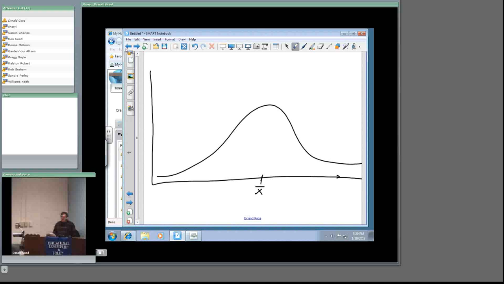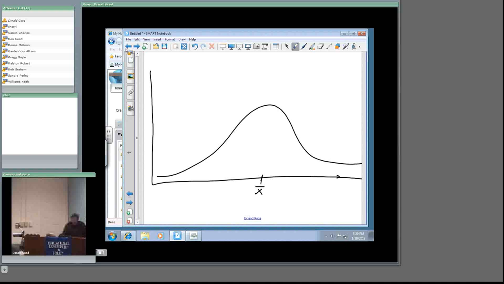A higher standard deviation means things are more spread out. A lower standard deviation means they're not spread out as much, they're closer together. So we can think of standard deviation, since it is a distance away from the mean, sort of an average deviation score, an average of the sums and the squares and all that stuff. An average distance from the mean, taking all the different x's into consideration also.